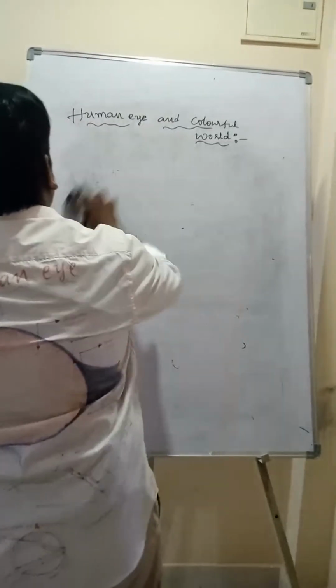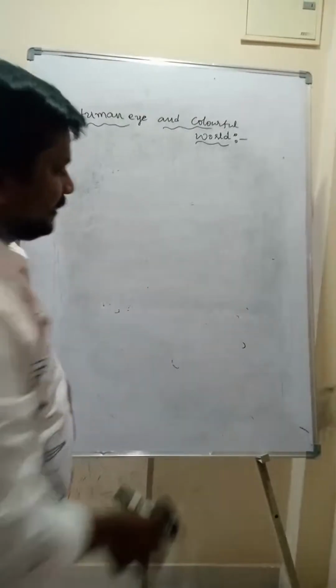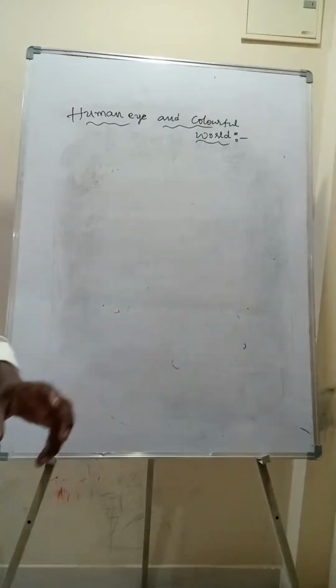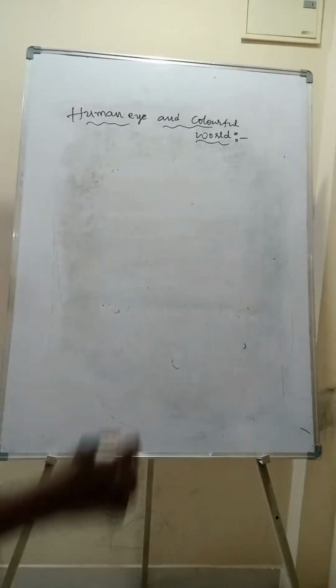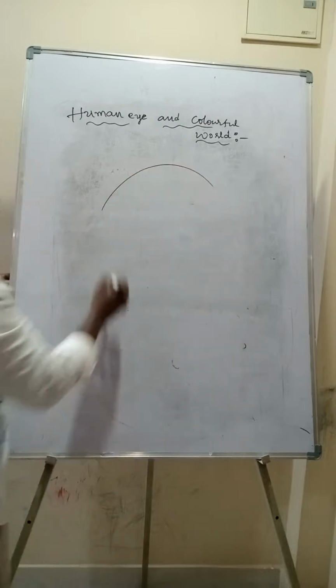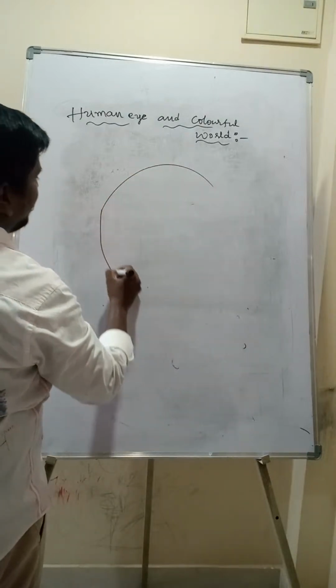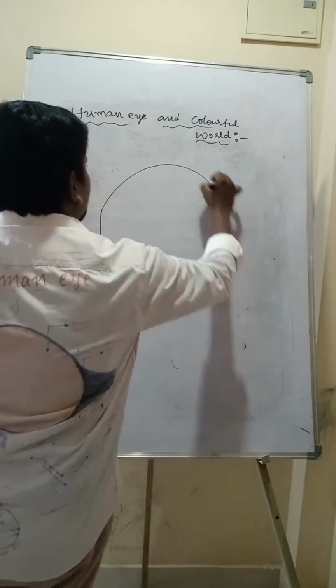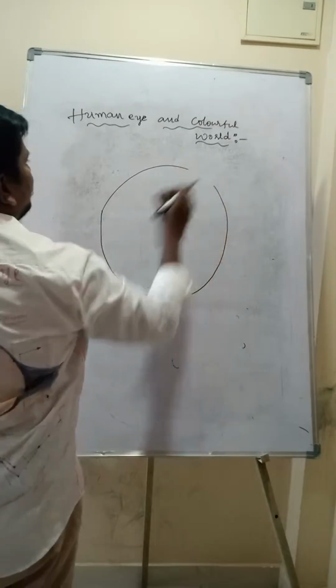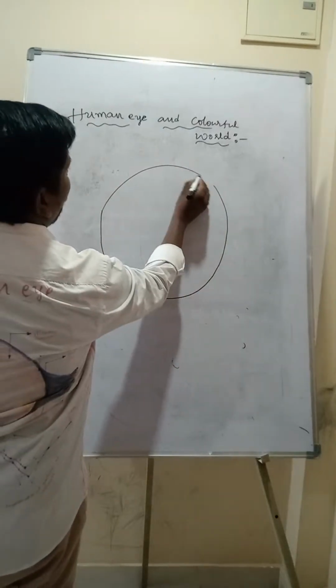So human eye, how to draw the diagram. While drawing the diagram, it is an easy way. So I'll show you. I am considering this diagram like this. You can draw the circle, and correct the front part and lower part.